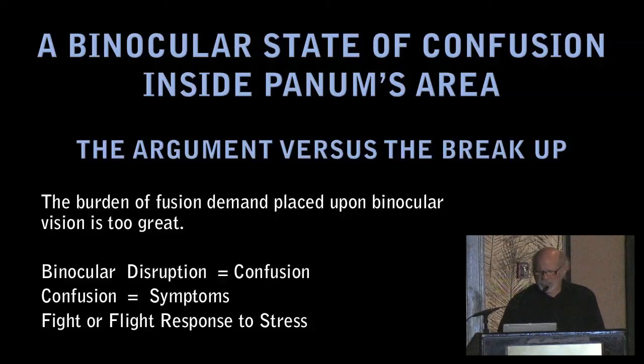Now, let me explain this. You'll see from the title that we're creating a binocular state of confusion when disparity manifests inside Panum's area. It's the argument versus the breakup. Let me give you a little language way of understanding that. It's like a relationship.